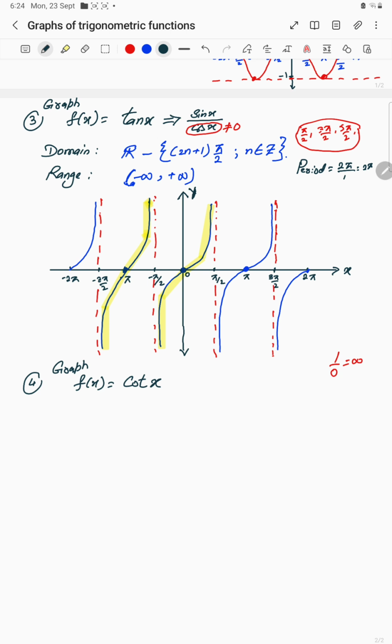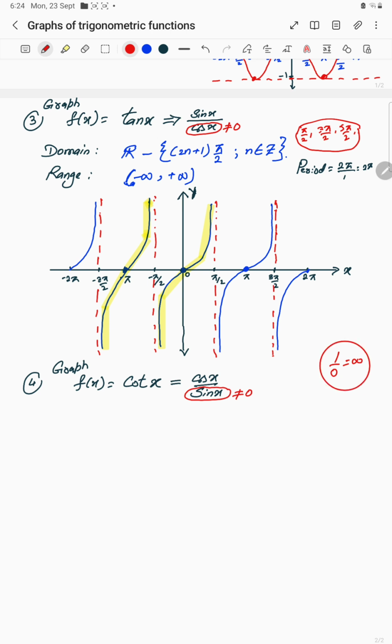Here, guys, the fourth case is about the graph of the cotangent function, that is the reciprocal of tangent. So I can write cosine x over sine x, and here you can see for all values the denominator shouldn't equal 0, because 1 over 0 is undefined, already we know, so we need to avoid this case. It shouldn't be undefined.